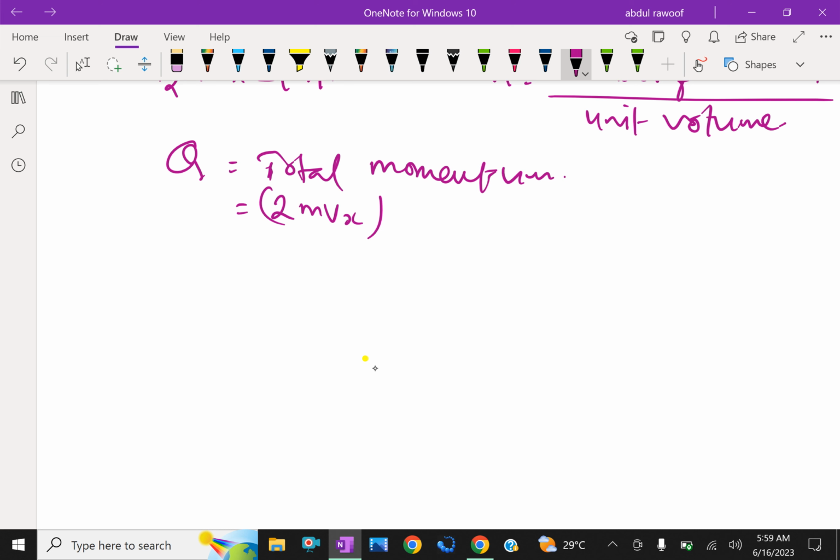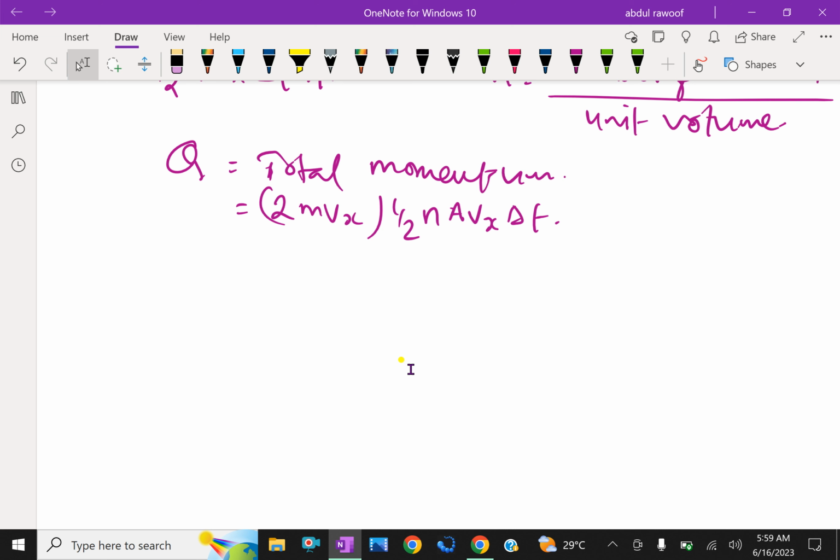So the total momentum is 2mVx times half n A Vx delta t. The force on the wall is the rate of momentum transferred.